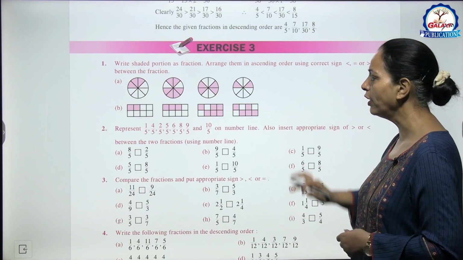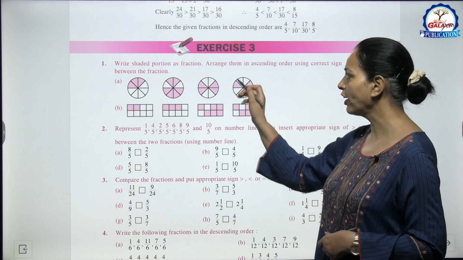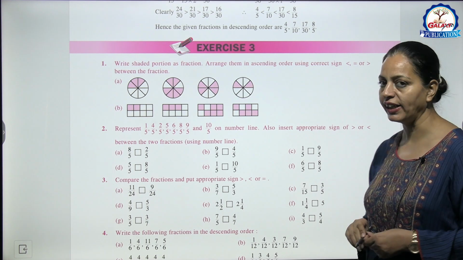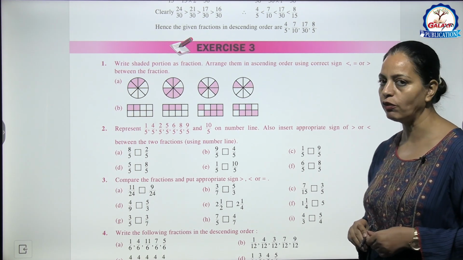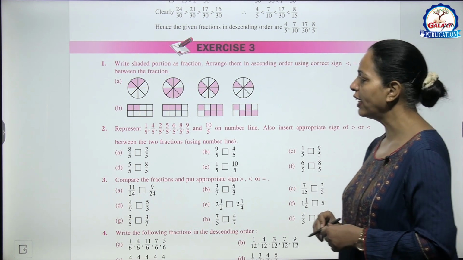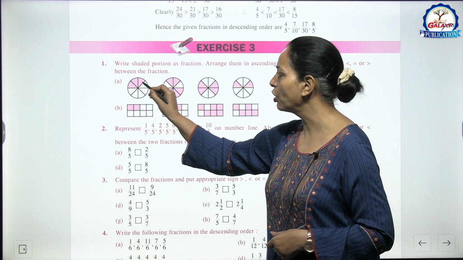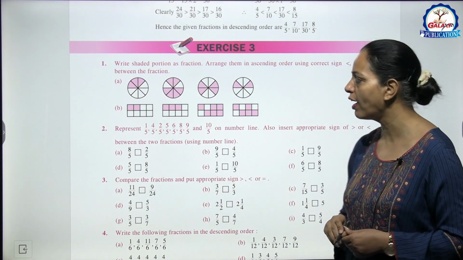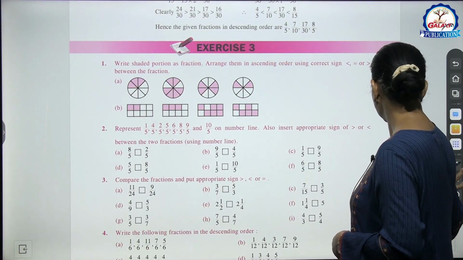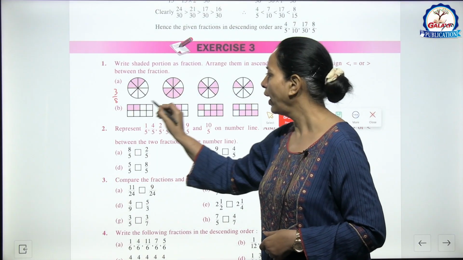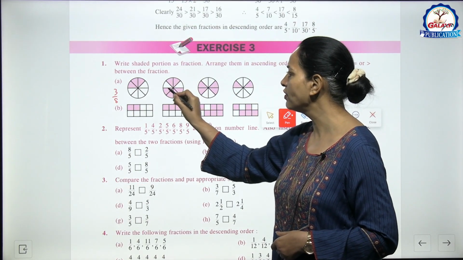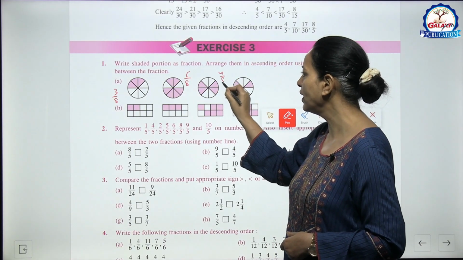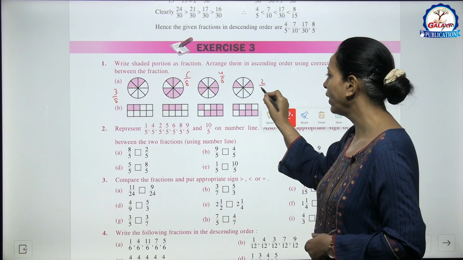See question number 1, write the shaded portion as a fraction, arrange them in ascending order using the correct sign, less than, greater than or equal to, between the fractions. Like A part, what is the fraction? 1, 2, 3, 4, 5, 6, 7, 8. Total 8 parts. So the fraction is 3 upon 8 and here 1, 2, 3, 4, 5, 6, 6 upon 8, here 4 by 8 and here 2 by 8.